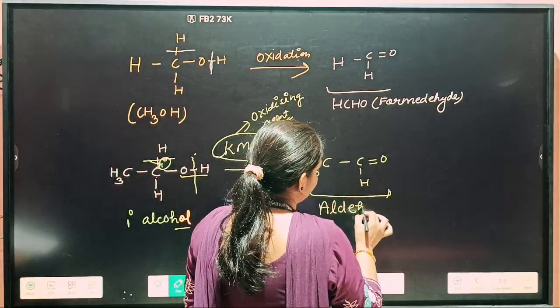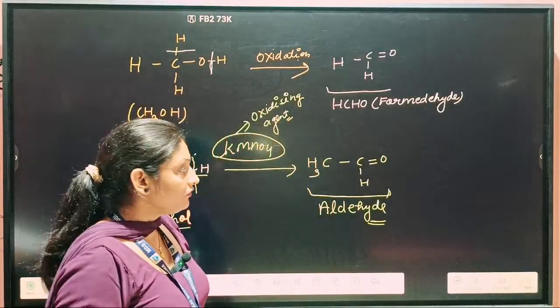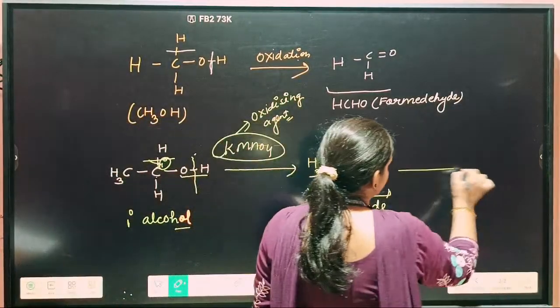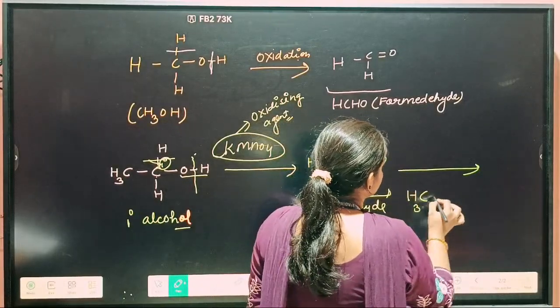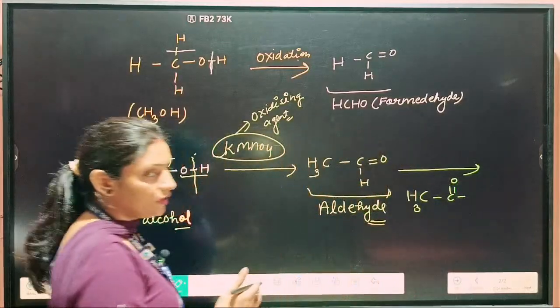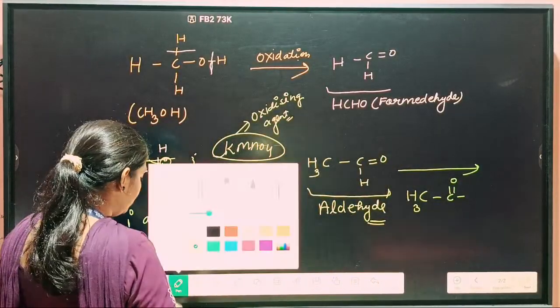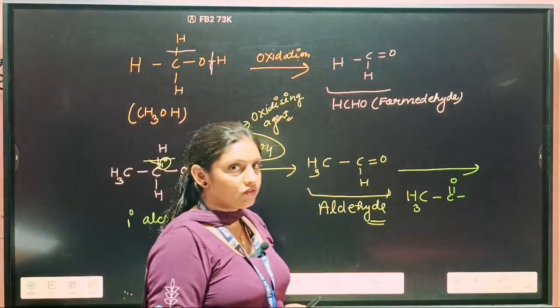This one is ethanol. So it can oxidize this further and convert into the carboxylic acid. We are doing further oxidation. Oxidation means either addition of oxygen or removal of hydrogen.